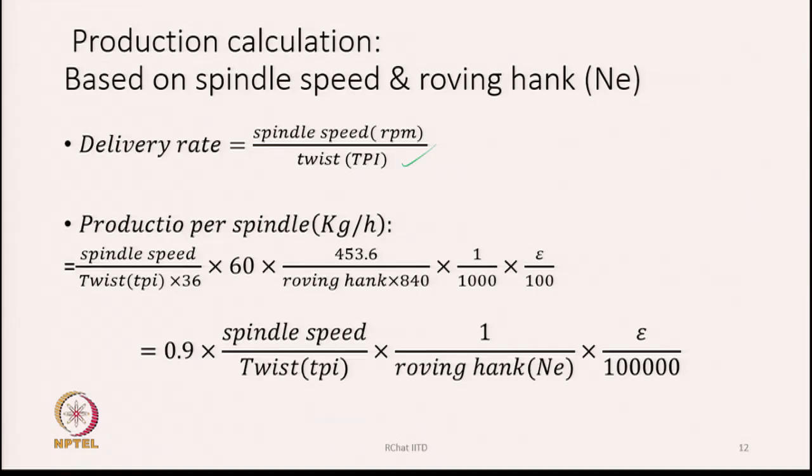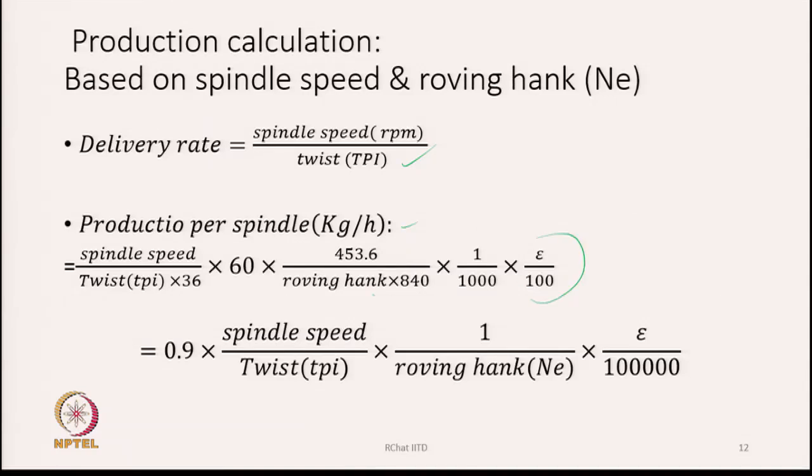Knowing the twist, we can find out the delivery rate, and therefore, production per spindle in kg per hour is going to be spindle speed by twist into 36 multiplied by 60 into 453.6 divided by roving hank, in this case into 840, and that multiplied by 1 upon 1000 to convert it into kg and multiplied by the efficiency value.